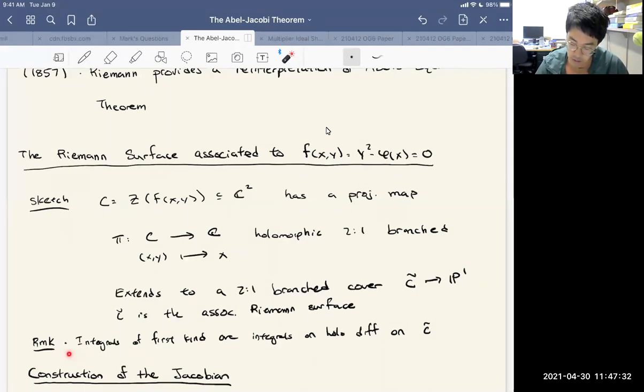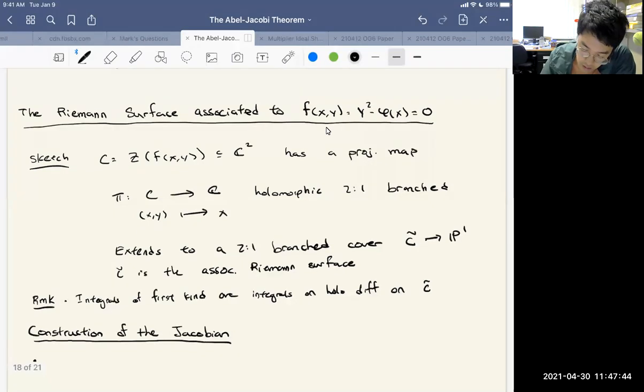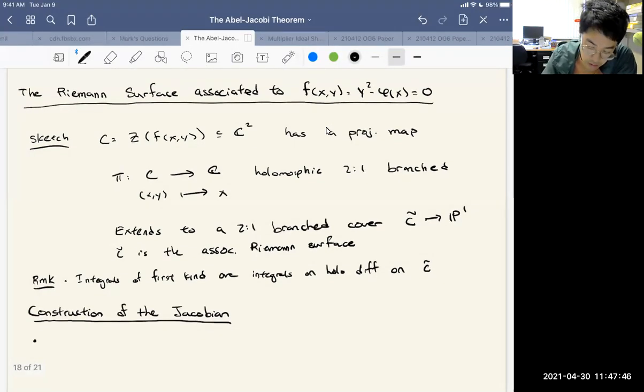So these integrals of the first kind are related to stuff about the Riemann surface. And using this, we can now start to talk about the Jacobian, which is one of the complex tori that I mentioned at the beginning.